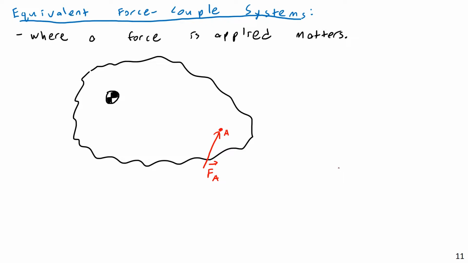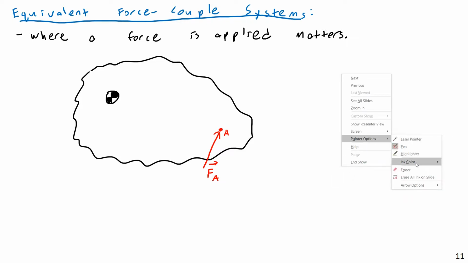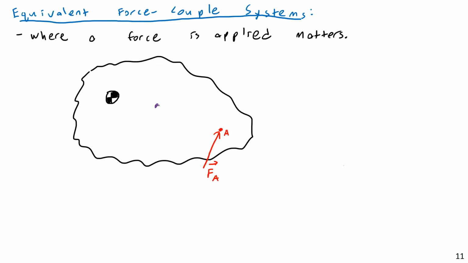Now, what if for whatever reason I wanted to move this force to a point B? Let's say I have some other point over here, point B. And I want to ask myself, what kind of tendency would I have to put on this object at point B in order to produce an identical behavior as this force here?